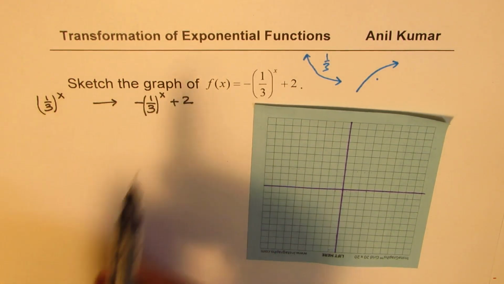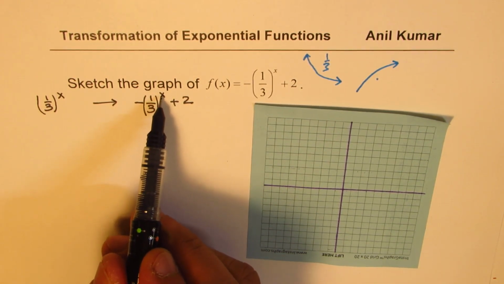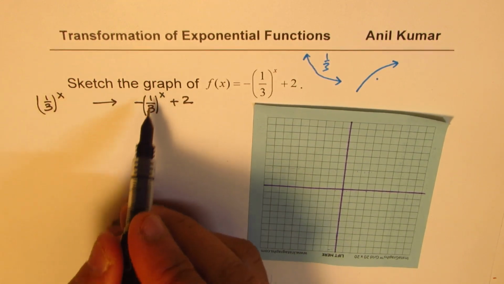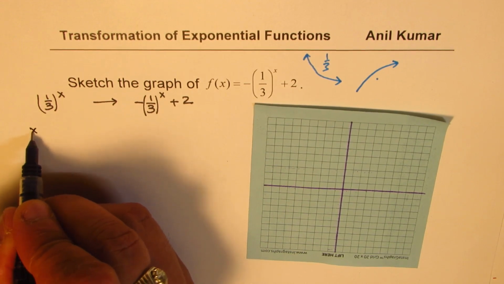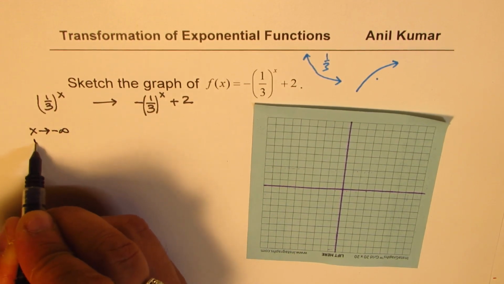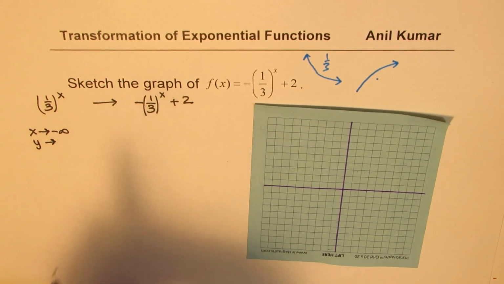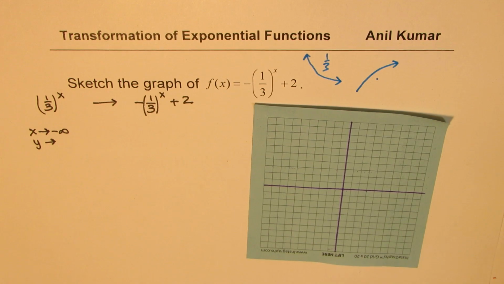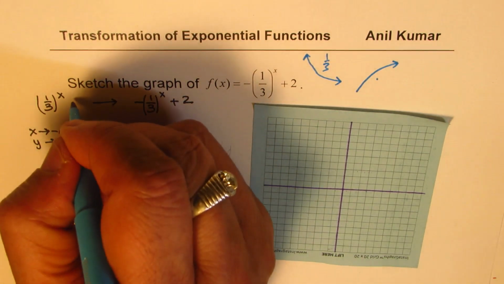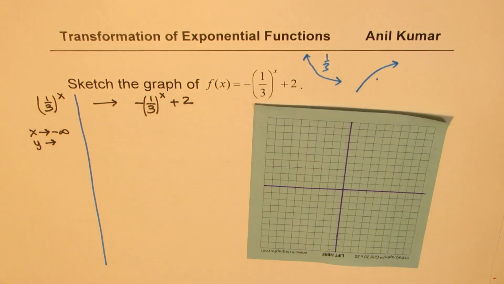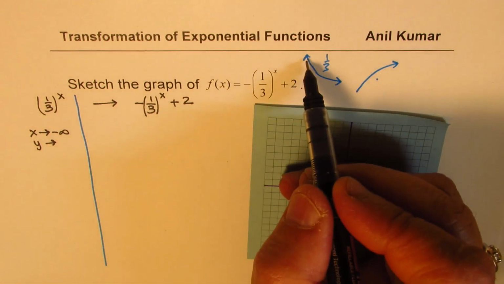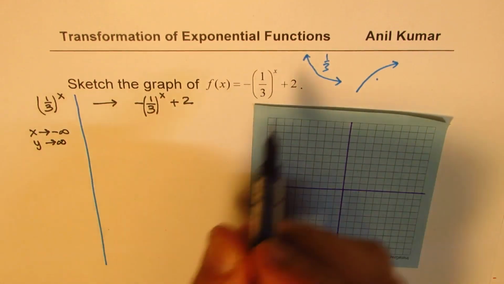When x is approaching positive infinity, y is approaching 0. It is important to understand that when x approaches negative infinity, y is also approaching infinity for this function, 1 over 3 to the power of x. Let's consider this first, and then we'll write for the transformed function. So when x is approaching negative infinity, y is approaching positive infinity.